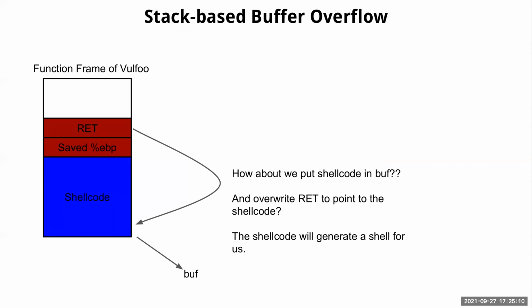Instead of writing garbage here, we put some code, obviously binary machine code. We call it shellcode. Then the return, we're not going to return to a function anywhere. We return directly here. So what will happen? It will keep executing our shellcode. So our shellcode will give us a shell.